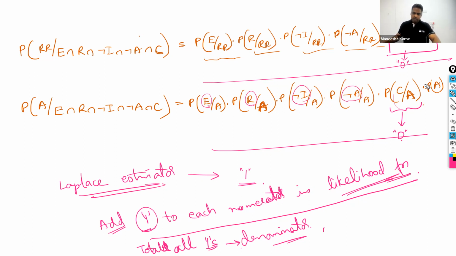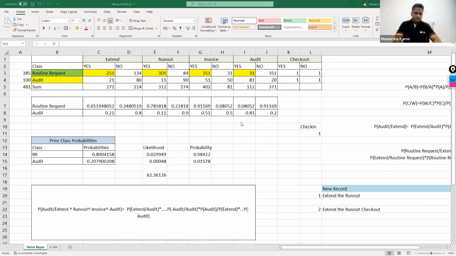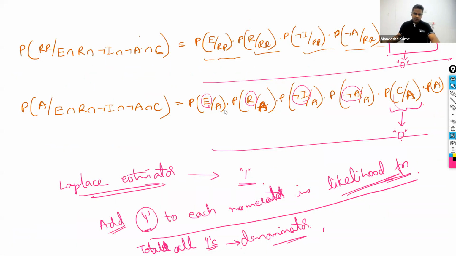So for the probability of E given A, before I added all these ones, what were the values? Probability of extent given audit.